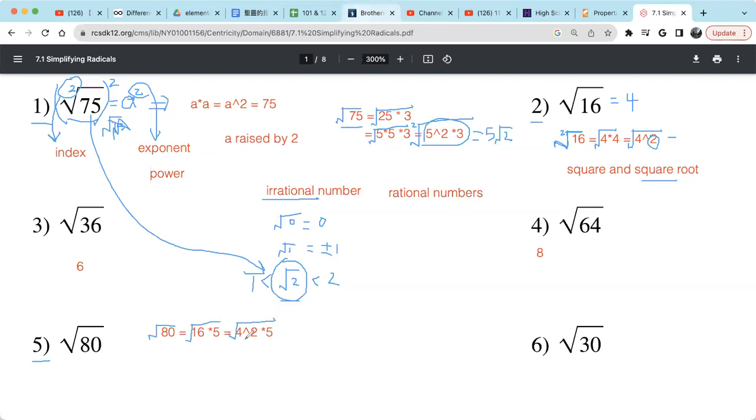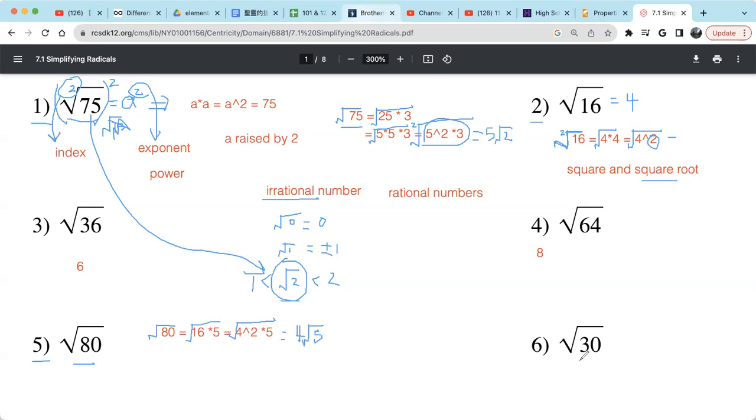So square root of 4 squared, that's just 4. But 5 is still under the square root sign. So square root of 80 simplifies to 4 square root of 5, or 4 radical 5. 4 radical 5. Okay, so square root of 80 is 4 times bigger than radical 5.